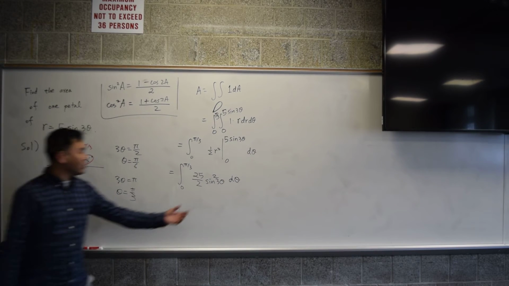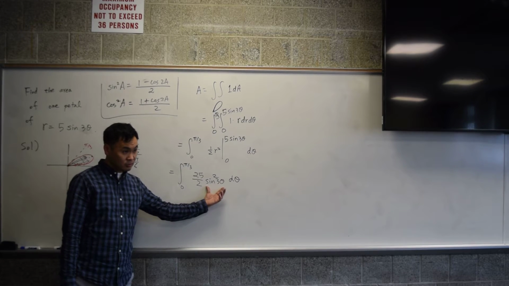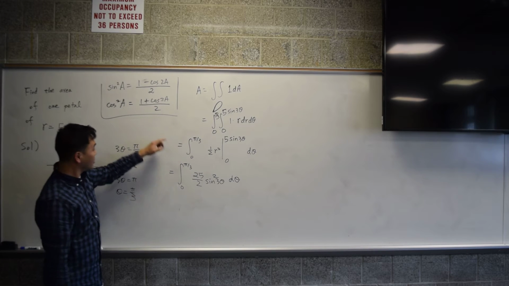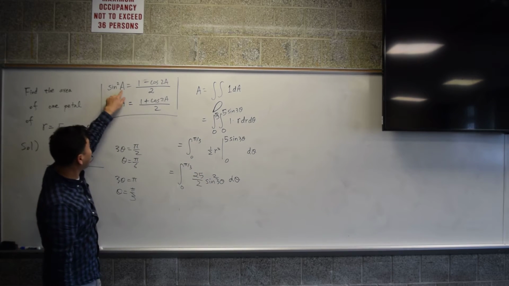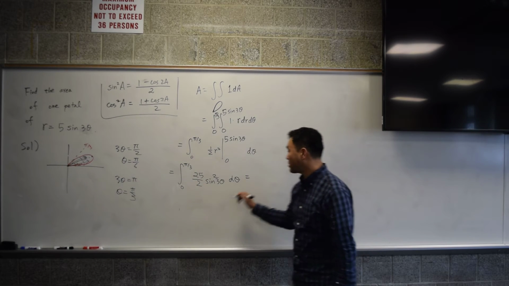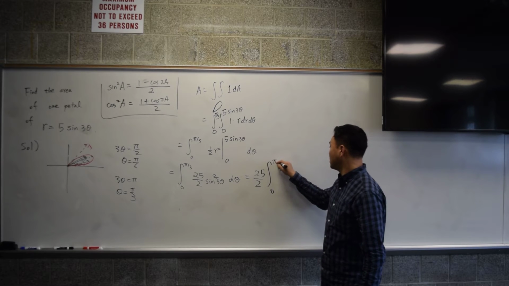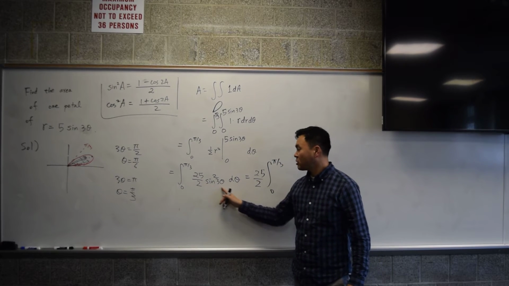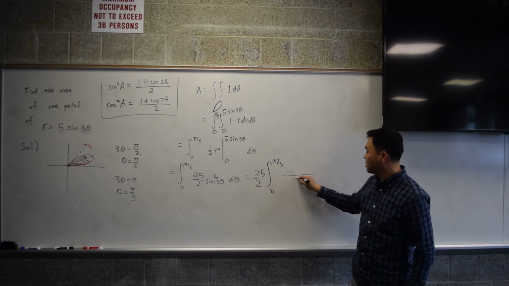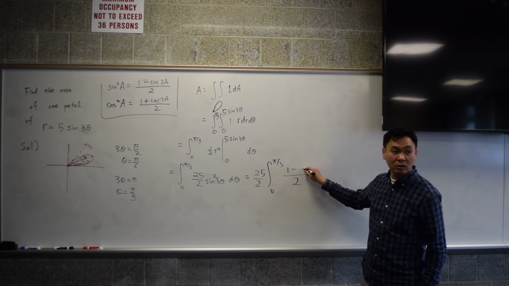All right, we end up with sine squared again. How do we do the integral? We use this formula, right? With 3 theta instead of a. Let's pull the 25 over 2 outside the integral. So we're trying to rewrite sine squared of 3 theta using that formula. The formula is 1 minus cosine.